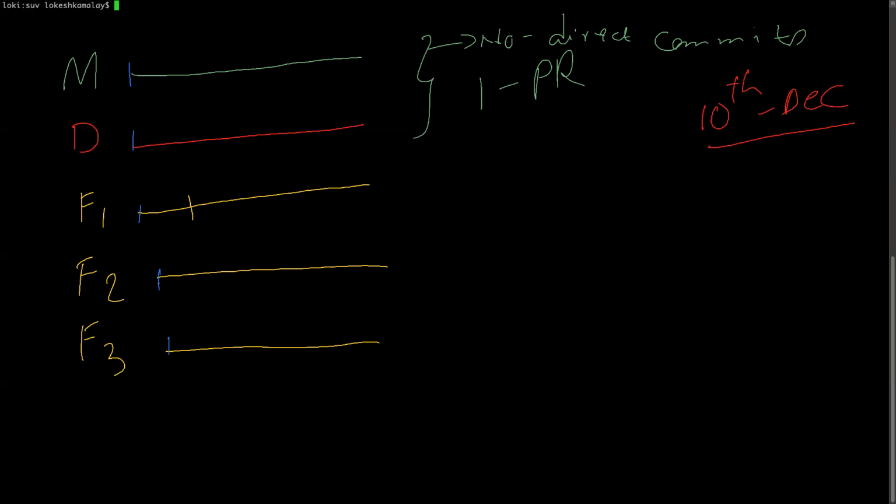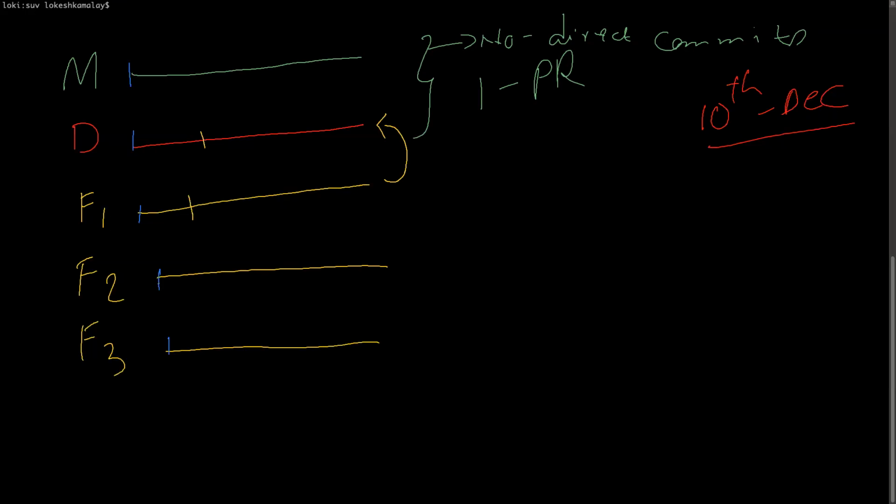Now F1 made some changes and added one commit. He's done with his changes, so now he is going to put a pull request to the development branch. Someone reviews the changes, the checks are passed, and then the code is merged.